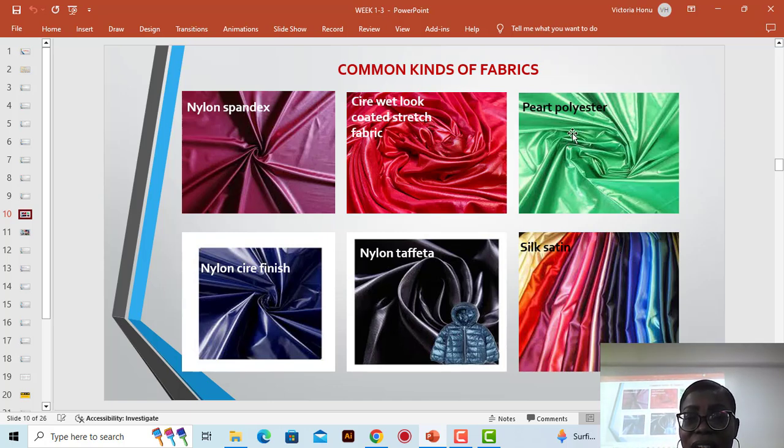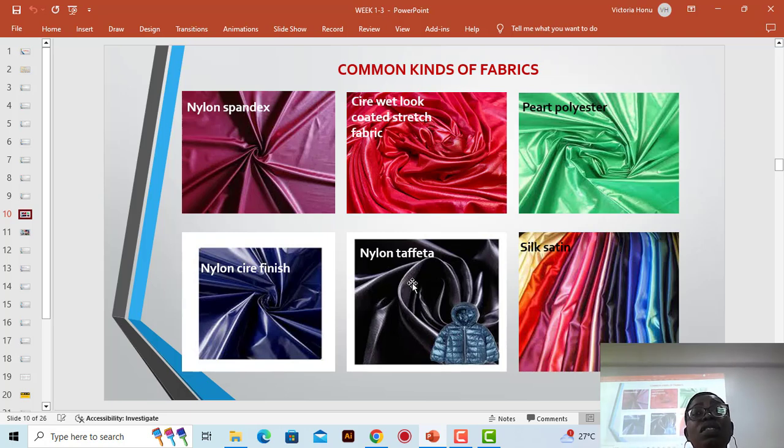Then we have the PET polyester also. Then we have the nylon sari finish, the nylon taffeta. Taffeta, there we have a lot. So then we have the silk satin. We have so many types of satin. We have the silk satin. They are very silky.